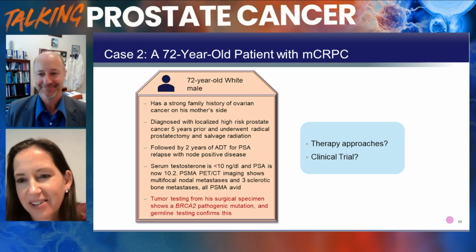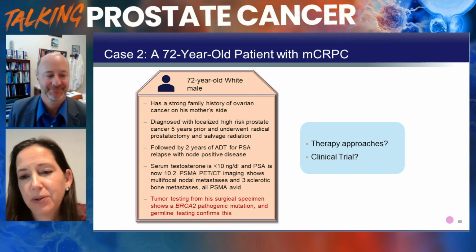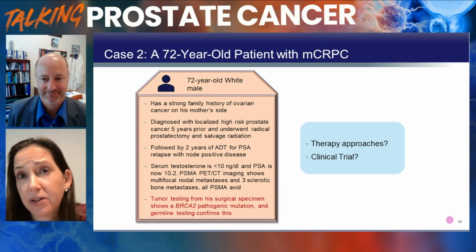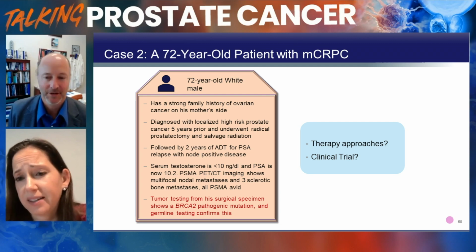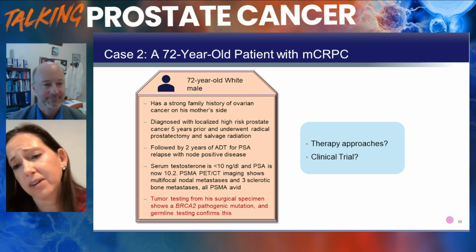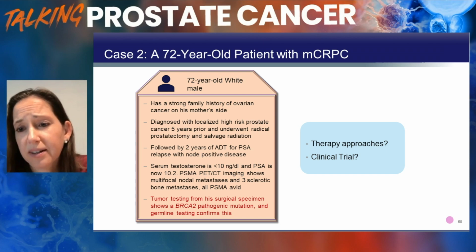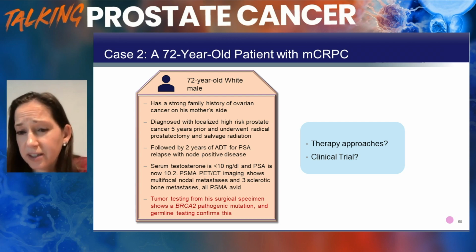Yeah, I think it's the real challenge of practice. The patients in TALAPRO-2 could have been exposed to abiraterone, although very few had been, but they could not have progressed on abiraterone. So technically, if the patient's progressing on it, then they wouldn't have qualified. I mean, you'd ideally be looking for clinical trials, and you'll get a lot of mileage out of single agent PARP inhibitor in this patient as well.